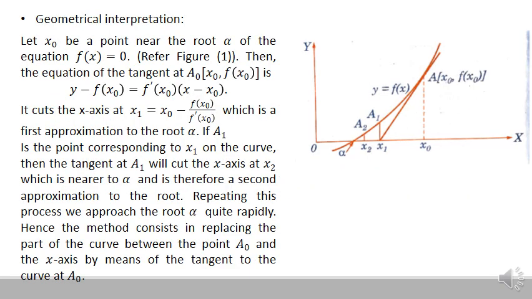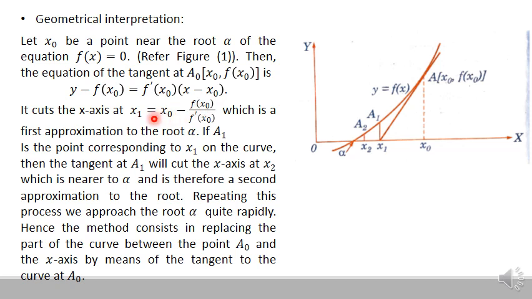Let us see the geometrical interpretation. Let x0 be a point near to the root alpha of the equation f(x) = 0. Then the equation of the tangent at A0, whose coordinates are (x0, f(x0)), is given by y - f(x0) = f'(x0)(x - x0).